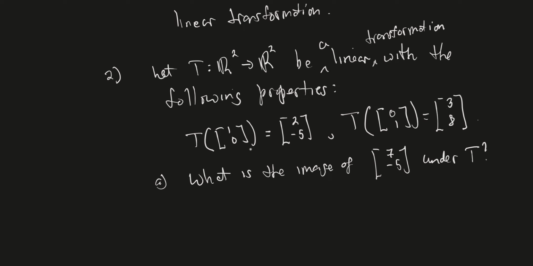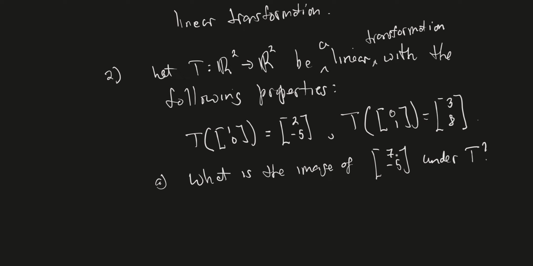The thing about the basis vectors is that every vector in R2 can be written as a linear combination of (1, 0) and (0, 1). And we just looked at a property for linear transformations that says the image of a linear combination in one vector space will be the linear combination of images in the other vector space.